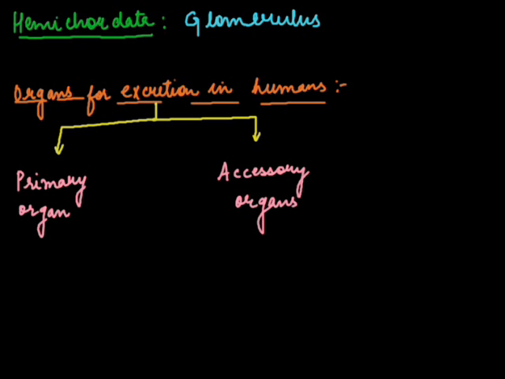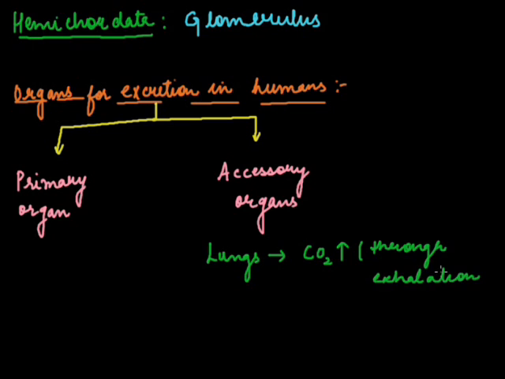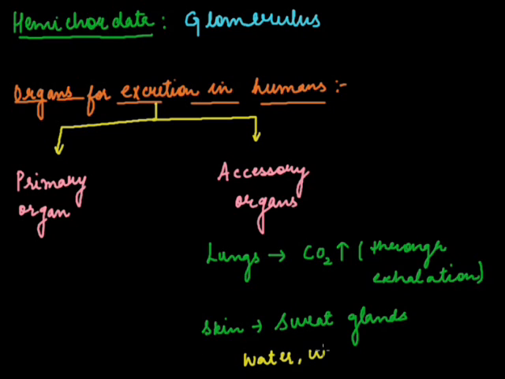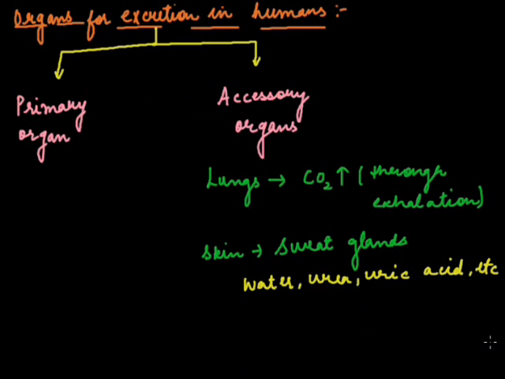Among the accessory organs, we have the lungs, which excrete carbon dioxide in the air through exhalation. The second accessory organ is the skin. Skin has sweat glands and helps in the removal of water, urea, uric acid, etc. Sweat comprises around 99% water.